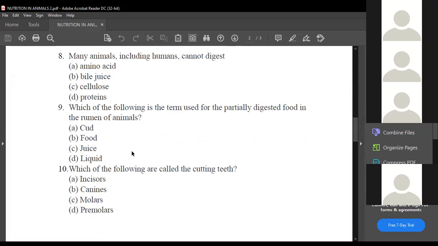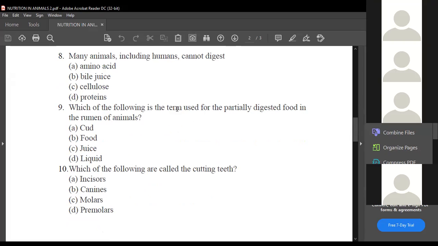Sir, it is because it is a fiber, sir, like the wool that will be present in our hair also, that we cannot digest it.